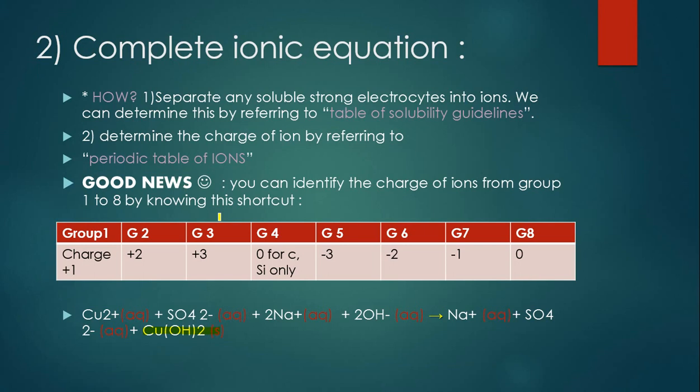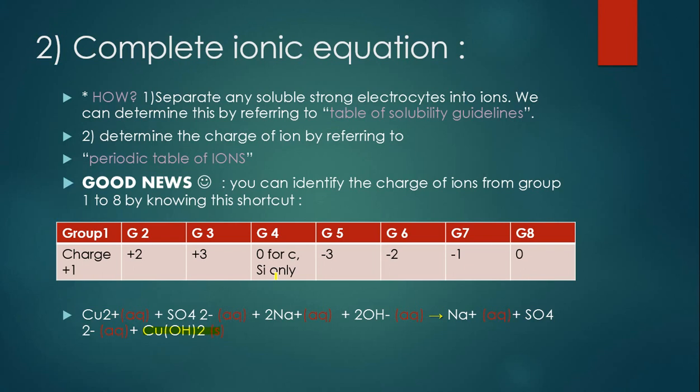But we've got good news: we can do a shortcut for some ions. For groups 1 to 8, we can memorize this shortcut to determine the charges. Group 1 is positive 1, group 2 positive 2, group 3 positive 3, group 4 is 0 only for carbon and silicon. That means carbon and silicon do not form ionic bonds, only covalent bonds.